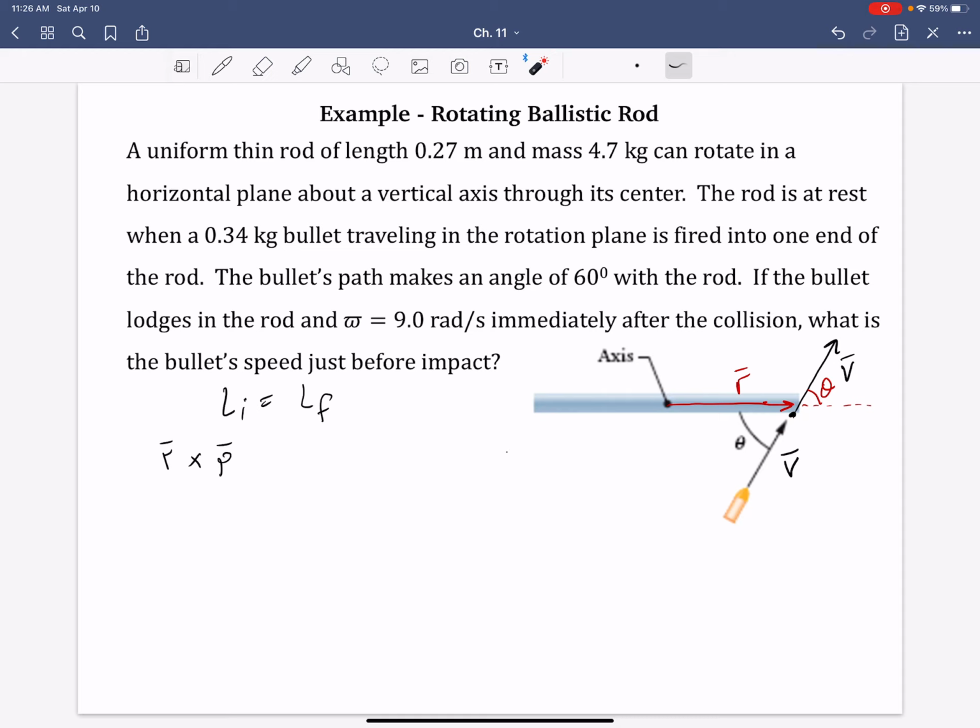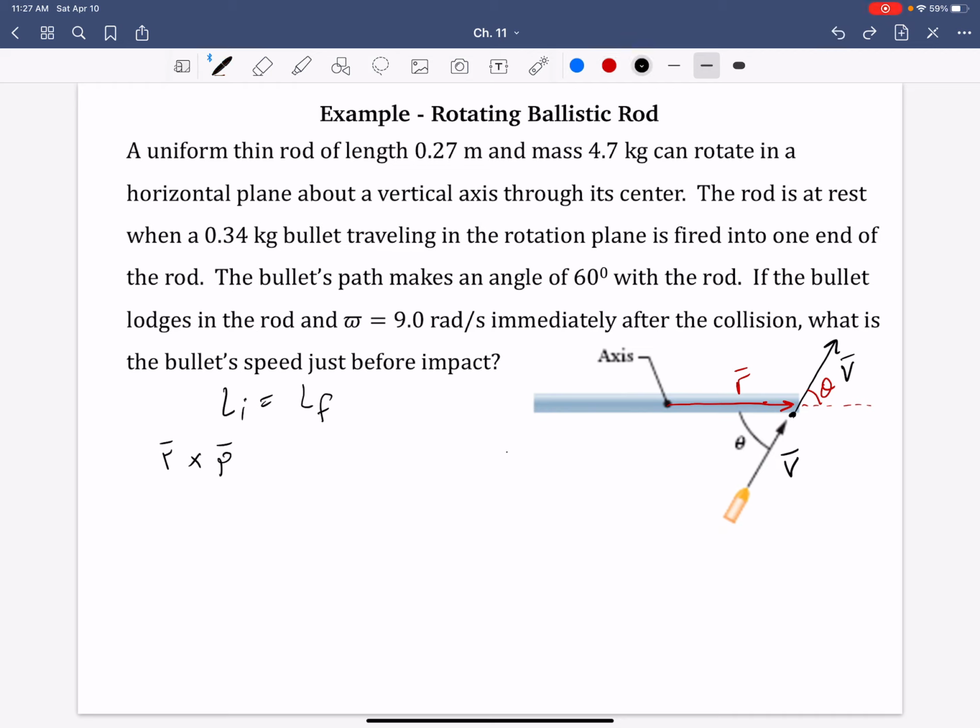The difference between that and the real vector is pretty small. So let's just say that it's R cross P, and the magnitude of that we'll evaluate in a second.